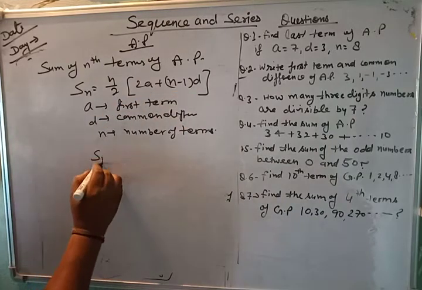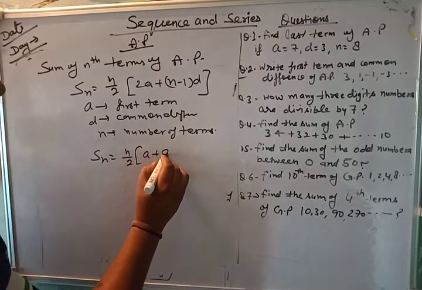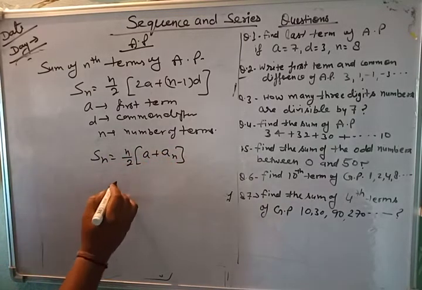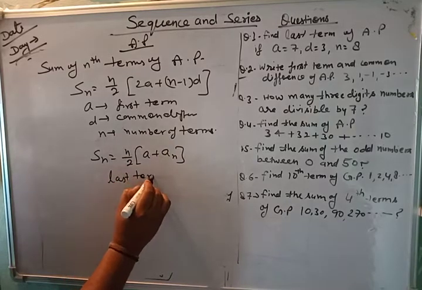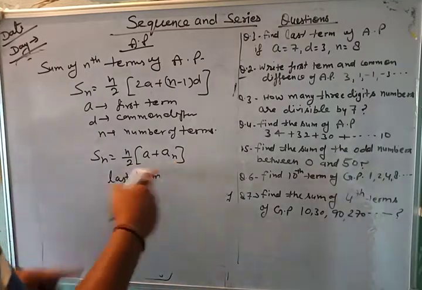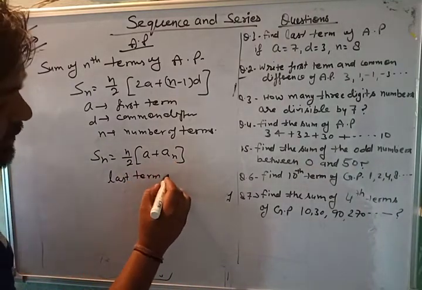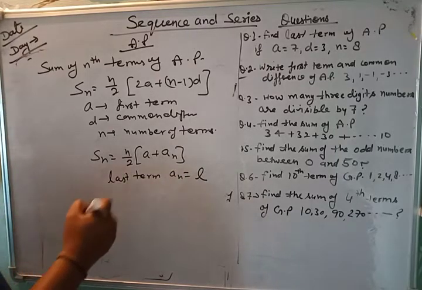The second formula is Sn equal to n by 2 into a plus an. It means the last term. If we are given the last term in the question, then we will directly use this formula. We will use an equal to l, the last term.